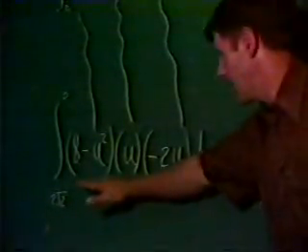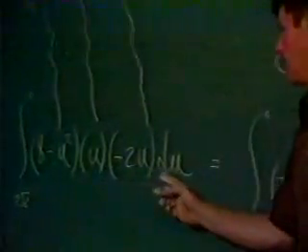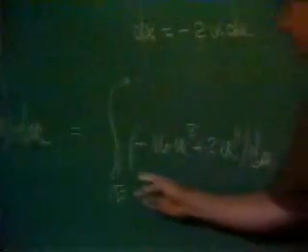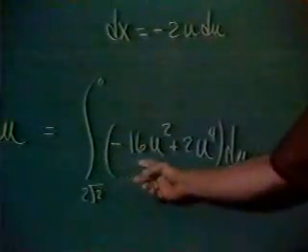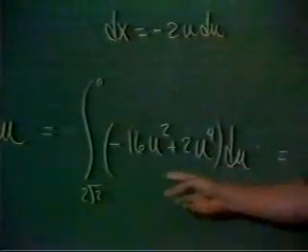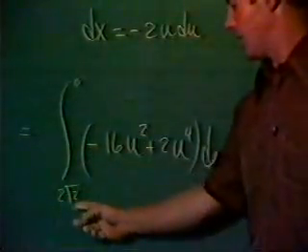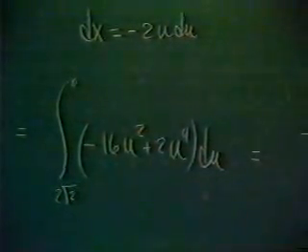Whether I elect to use them or not isn't important right now. What is important is that I go ahead and find the antiderivative. I'll have an option as to whether or not I use these limits in just a minute. So finding the antiderivative, I multiply all of these factors together, and I get the integral of minus 16u squared plus 2u to the fourth, quantity times du, where the limits are 2 times the square root of 2 to 0.